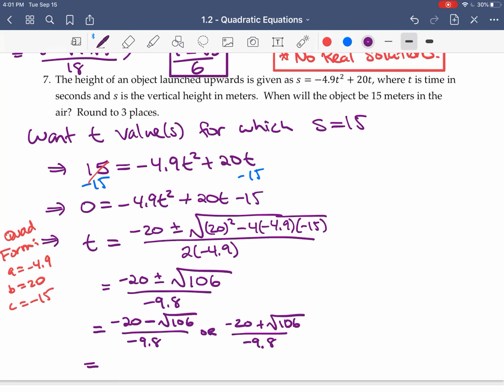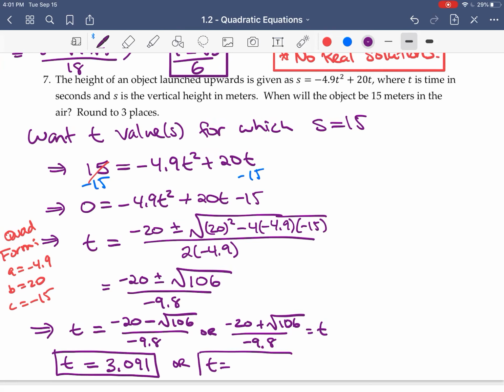So that means t equals or t equals. It wanted 3 decimal places. So this first one is going to be 3.091. Okay, so that's one t value. Or t is going to be 0.990.